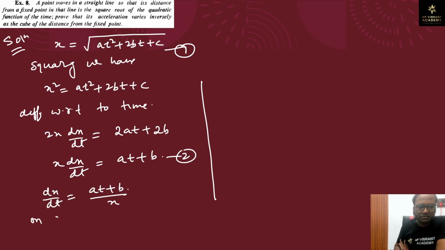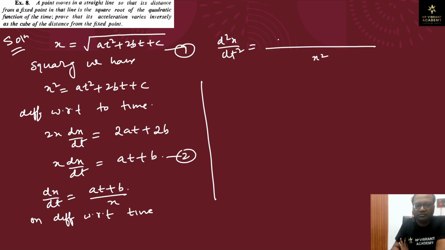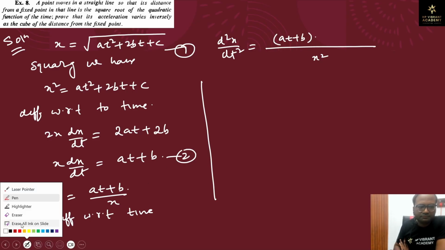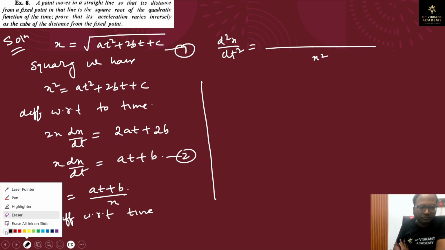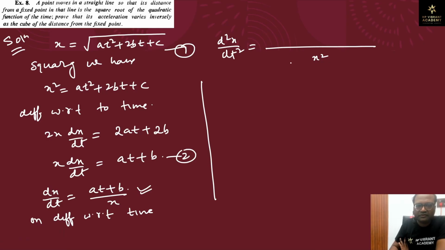Differentiating with respect to time, we have d2x upon dt square is equal to [x into a minus (at plus b) into dx upon dt] upon x square.